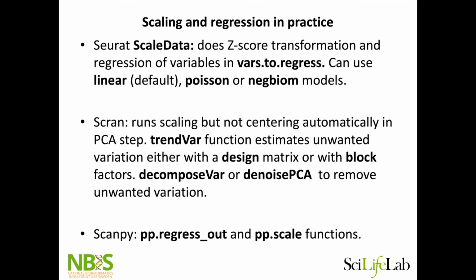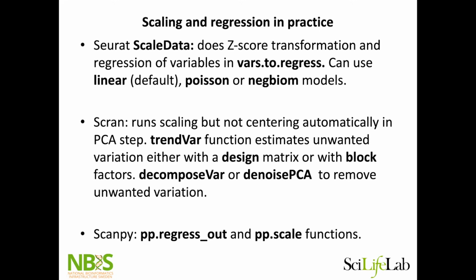So in practice, it's very easy to run this. In Seurat, ScaleData runs both the Z-score transformation and you add in these variables, vars.to.regress, with whatever you want to regress out, and you can select linear or Poisson or negative binomial regression. In SCRAN, there's no automatic centering and scaling in the PCA step.